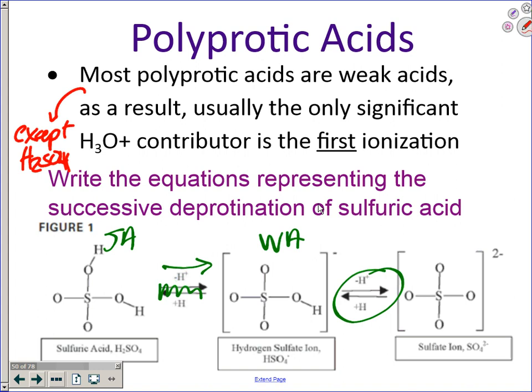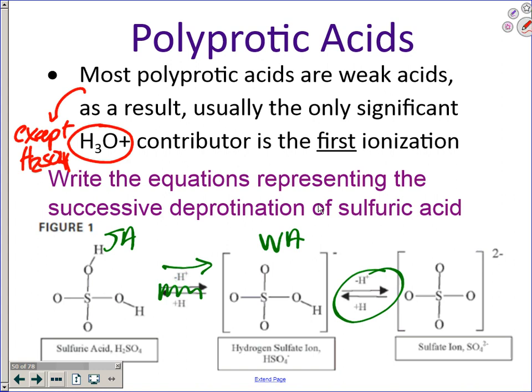Since those other acids are weak, they're going to form a little bit of their products in the first deprotonation, and then even less and less of their products in the subsequent deprotonations. The process of removing H+, removing H+, removing H+ makes less and less of this acidic ion in solution.